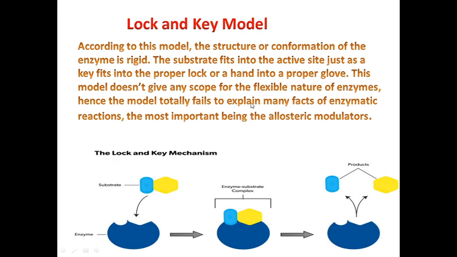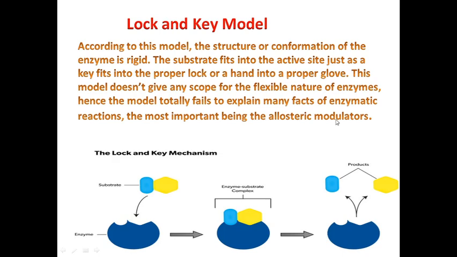And this model does not give any scope for the flexible nature of the enzyme. It does not say that the enzymes are flexible. It says that the enzyme is rigid, and the active site is pre-shaped. The shape of the active site is already fixed, it's pre-shaped. So this model fails to explain many facts like enzymatic reactions, and most important, allosteric modulators.